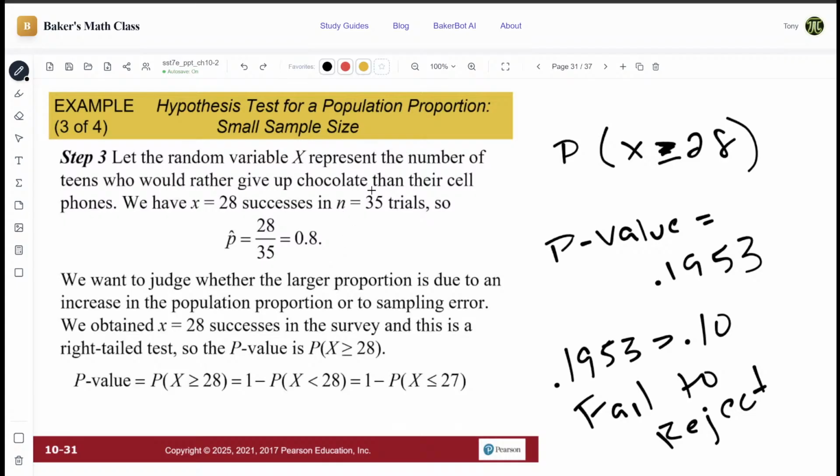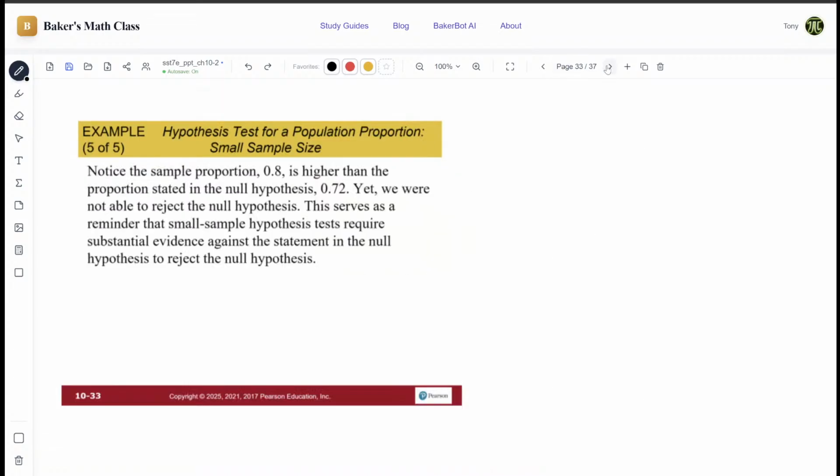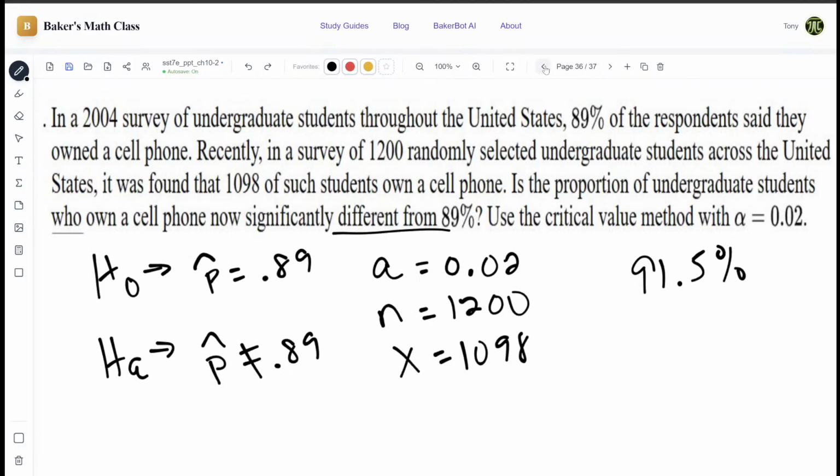I only did 35 trials here, so it was a very small sample size, and I needed a lot larger change to make that claim. On the cell phone example, I had 1,200 selected, so that 2% change is significant enough. So that's again why sometimes the more data you have, the better. The more you can show statistically significant values.